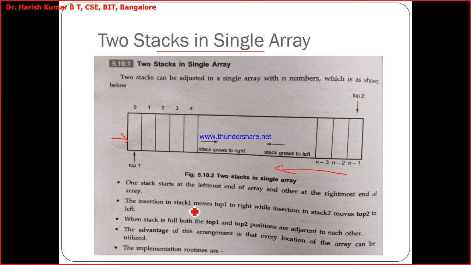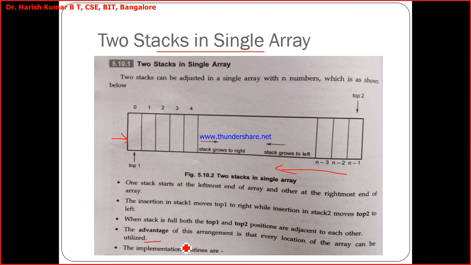Insertion in stack 1 moves top 1 to the right, while insertion to stack 2 moves top 2 to the left. So this is one more way of implementing two stacks in a single array. When the stack is full, both top 1 and top 2 positions are adjacent to each other. The advantage of this arrangement is that every location of the array can be utilized.